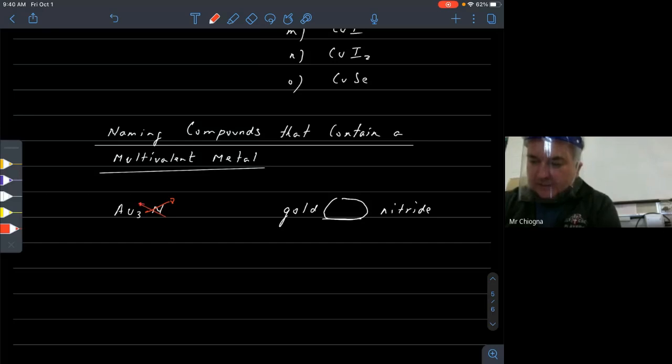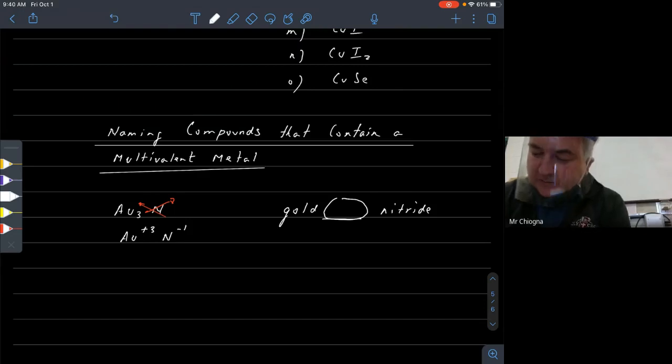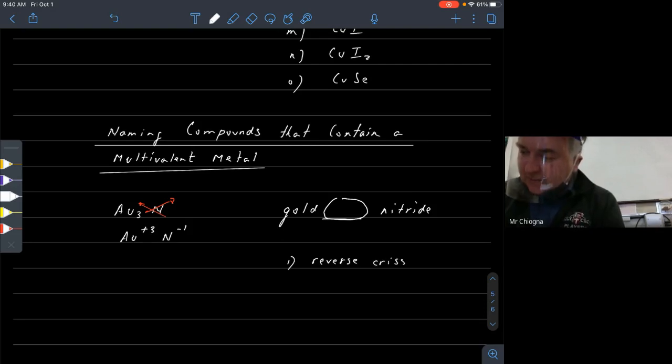Put the 1 there. So when I write it down, and I'm not done necessarily, I get Au +3 and N -1. Now, here's the second rule. That's the first rule. Reverse the crisscross. You're not always done.